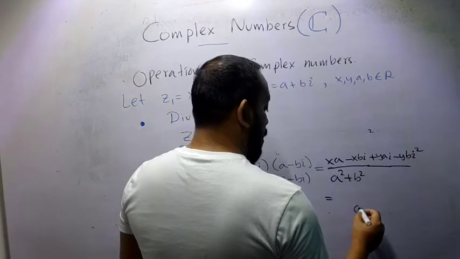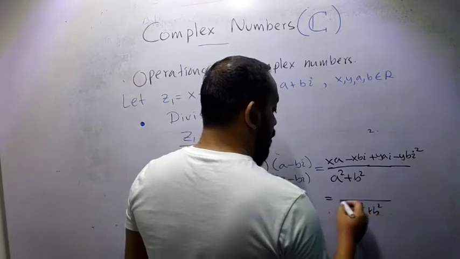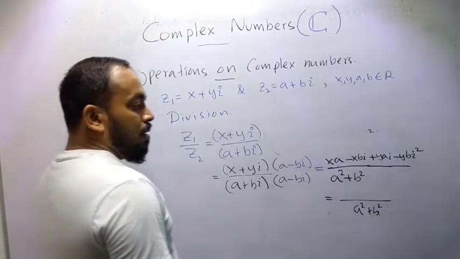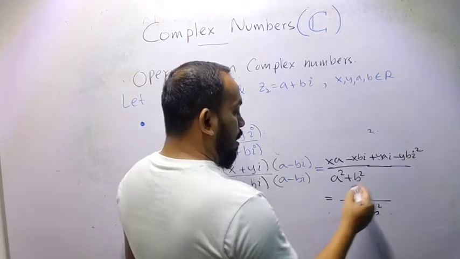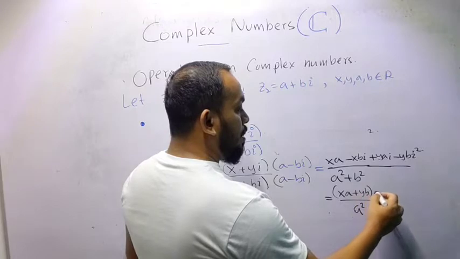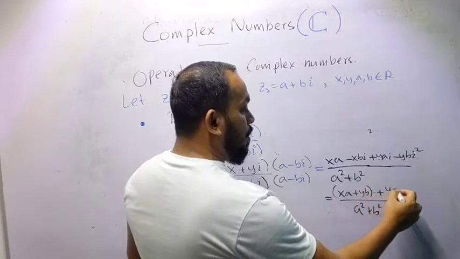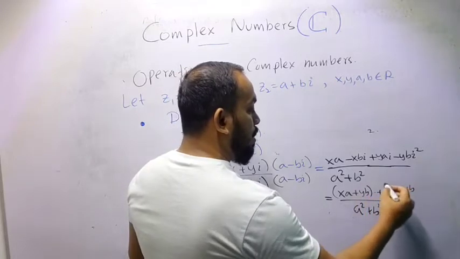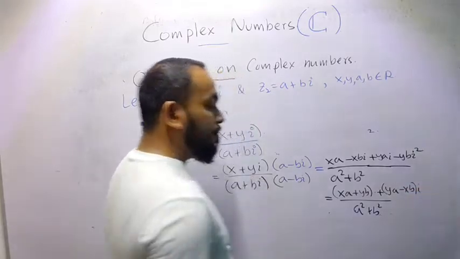So you get a squared plus b squared in the denominator, and in the numerator plus xa plus yb, then plus ya minus xb times i.